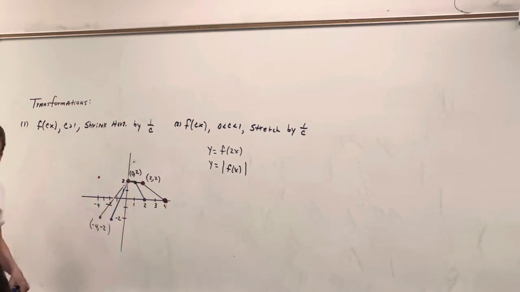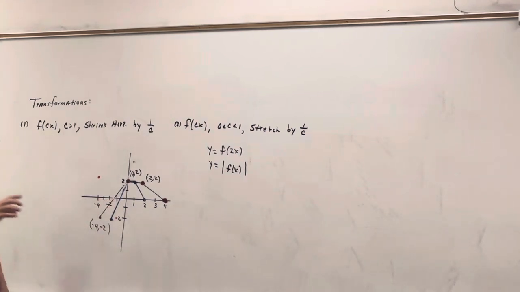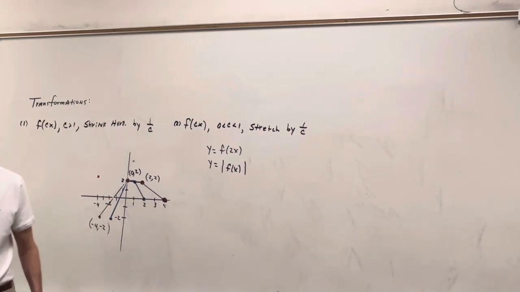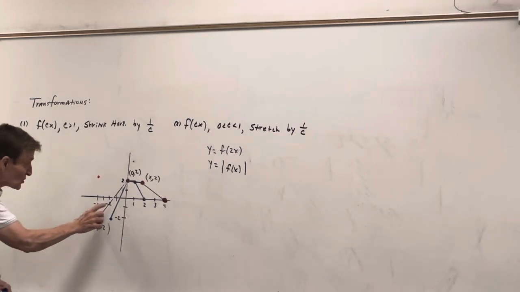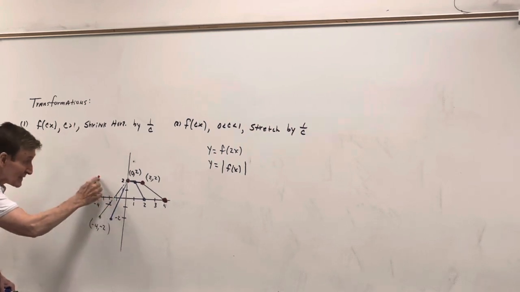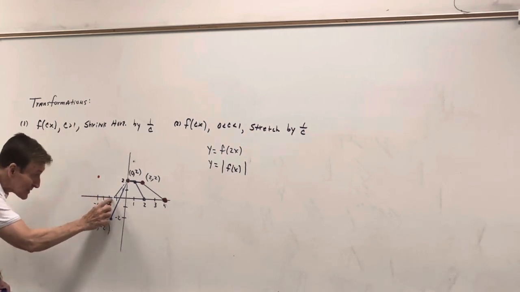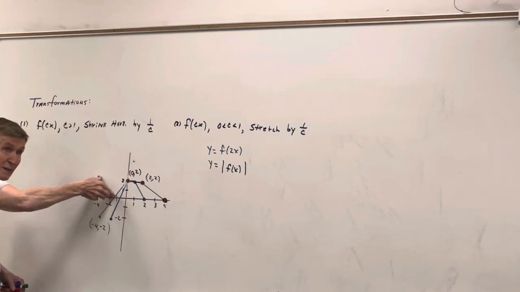He says, Professor, if it's below the x-axis, this little segment here on the original graph, that implies it's negative. If you take the absolute value, it should turn into what? Positive. That means that this little piece here should be above the x-axis. Now, where is it? Is this little piece now going to be flipped over like that?